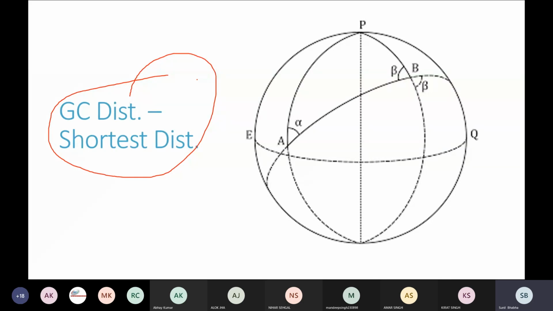After all, it's a financial venture. If you want to reach a destination while making financial sense, you should be following the shortest path. So that is the importance of great circle sailing. Why do we use it? Because it gives us the shortest path or shortest distance between any two points on the surface of Earth.